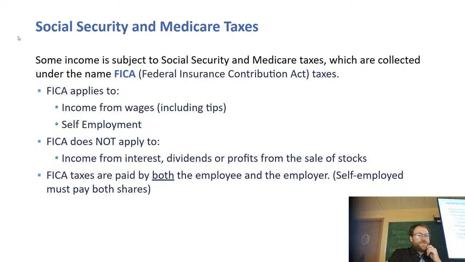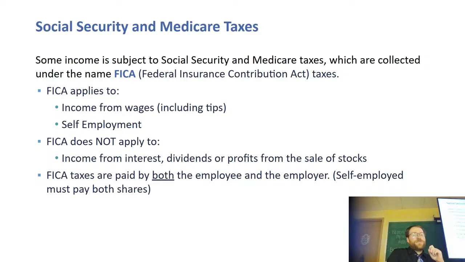Okay. Other types of taxes that you probably have seen on paychecks, if you've worked up to this point: Social Security and Medicare often are called FICA taxes. It comes from any type of wage that you have or self-employment.